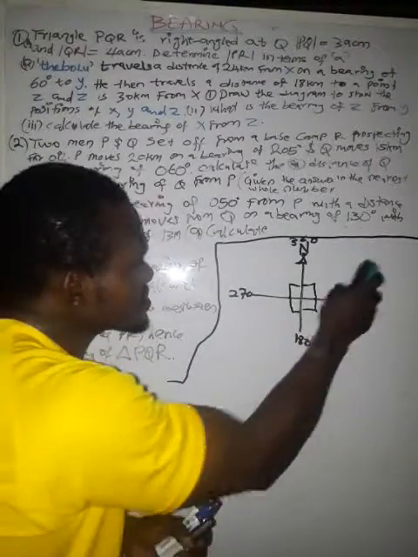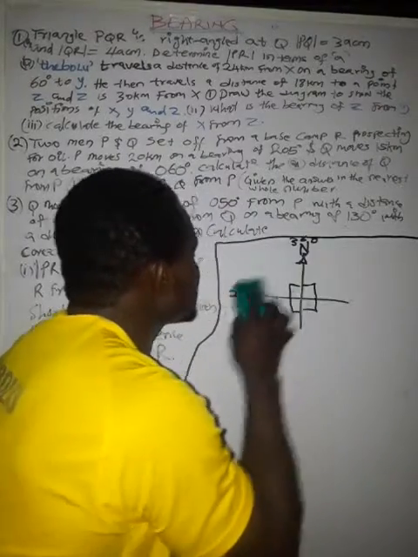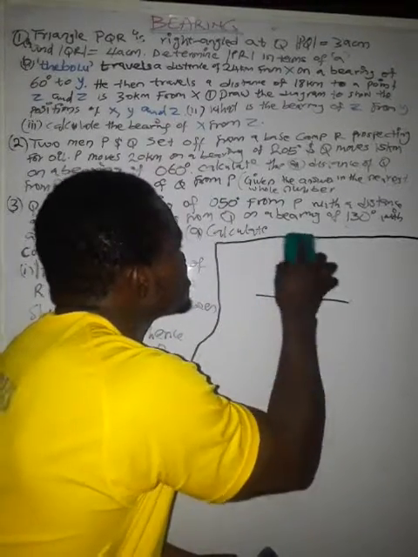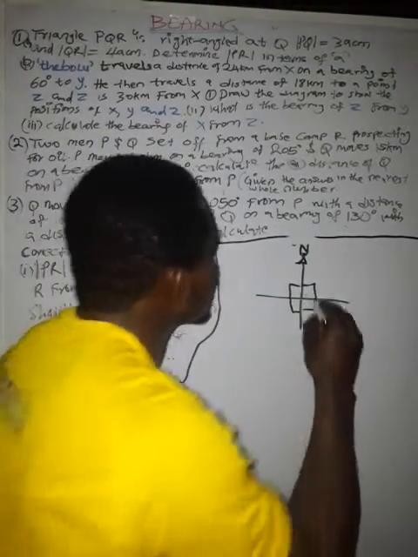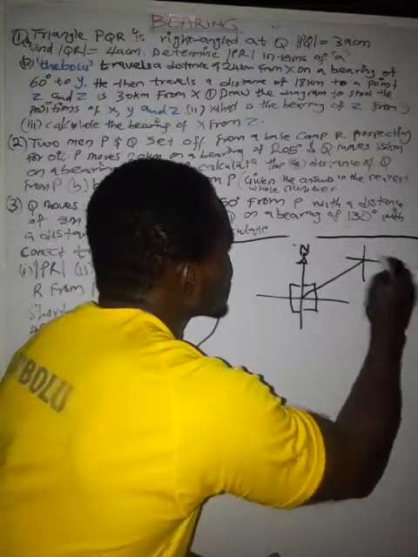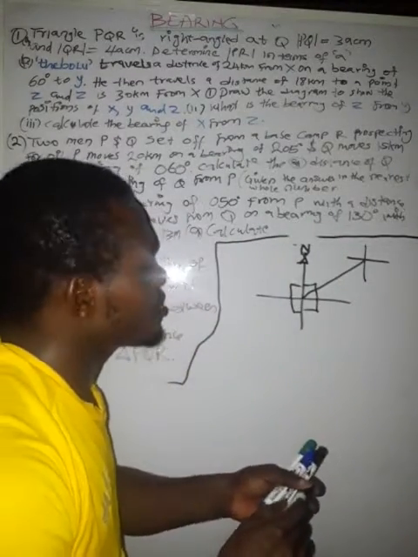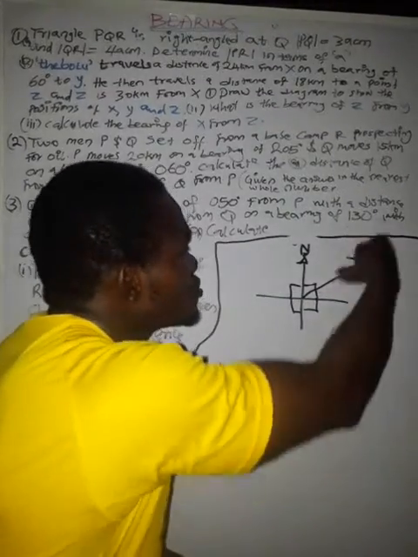So that is the first thing. Now, if I'm to draw something like this, let's say this is my north, and I have something of this nature. When I stop, I draw my four cardinal points. At every point you stop, you draw this.